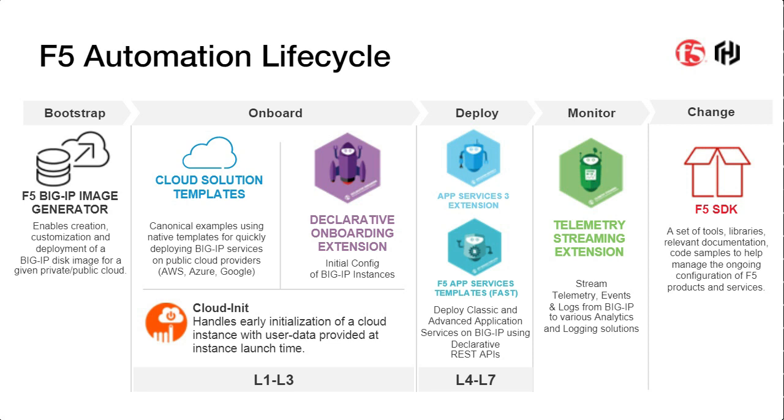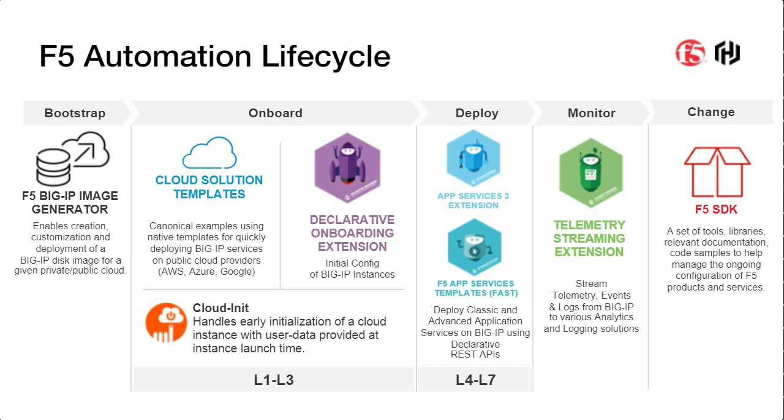So if you look at the F5 automation lifecycle, we have different stages there, starting with bootstrapping. For bootstrapping, you can use the F5 BIG-IP image generator tool to generate the images. We support most public as well as private data centers.